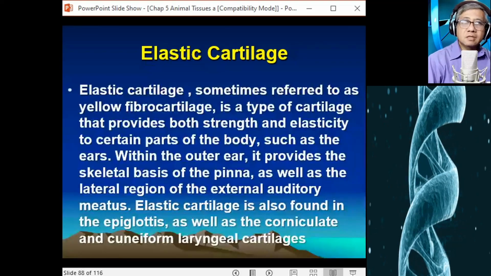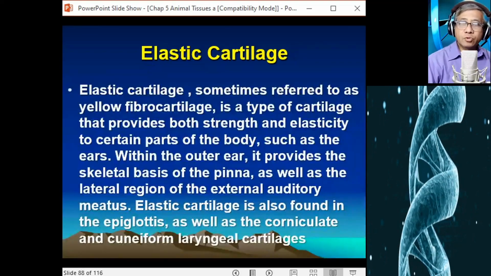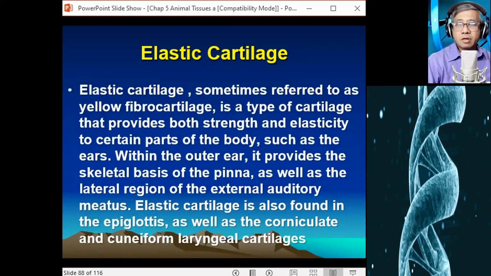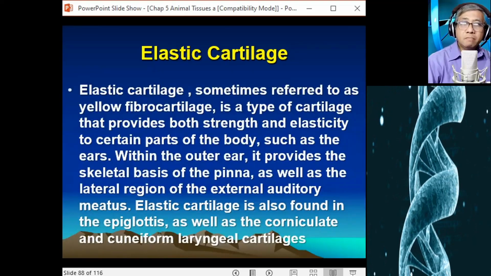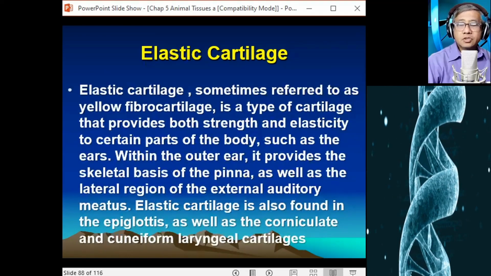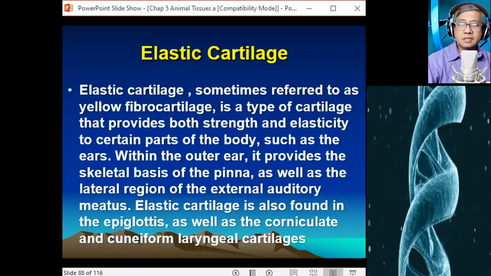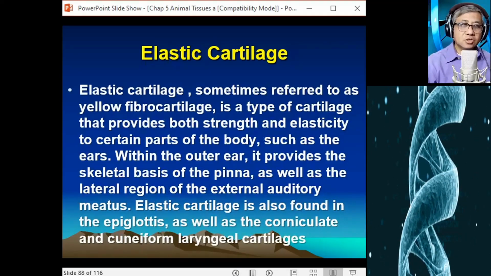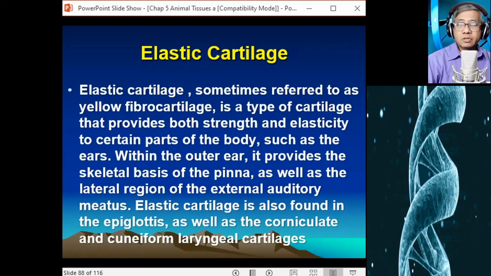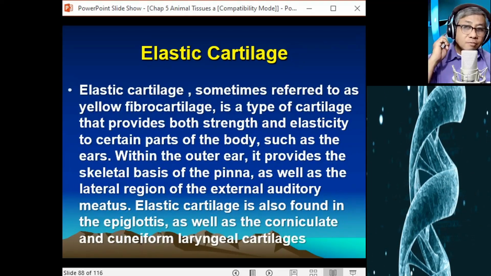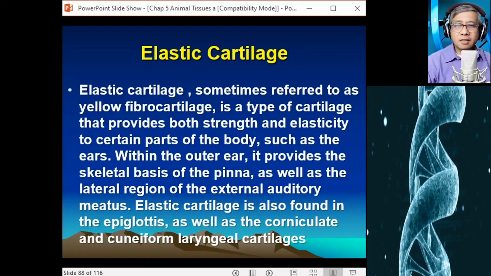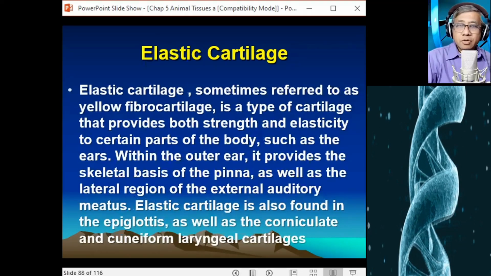Then we have elastic cartilage. So elastic cartilage, sometimes referred to as yellow fibrocartilage, is a type of cartilage that provides both strength and elasticity. Okay, so nai-stretch siya in certain parts of the body, such as the pinna of the ear, no, yung ating tenga, yung pinna, yung outer ear.